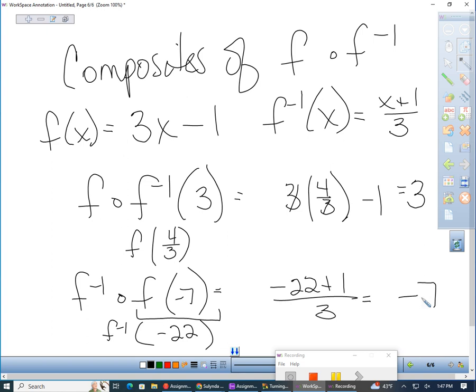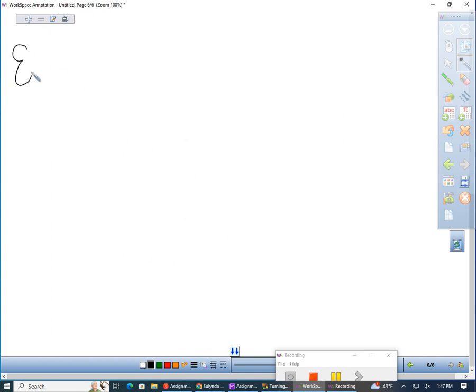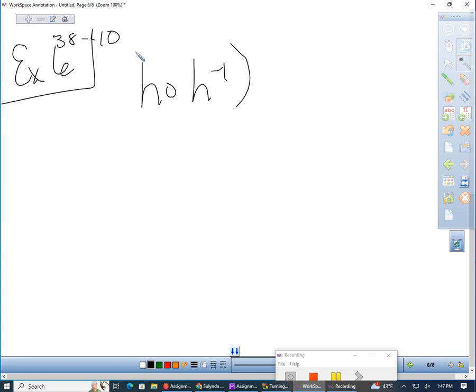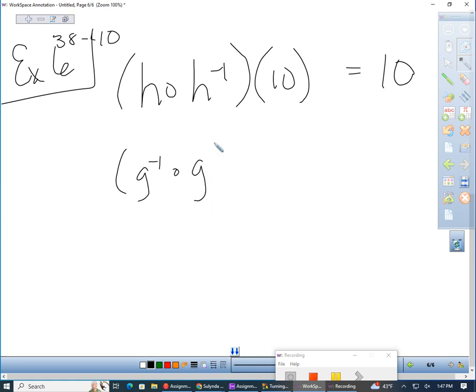Okay, so that being said, here is example number 6. And this is the last, 38 and 40. I have h of h inverse of 10 equals. Exactly. I have g inverse of g of negative 13.